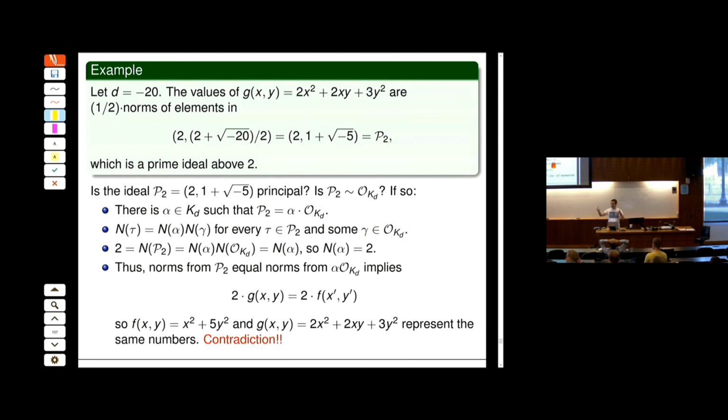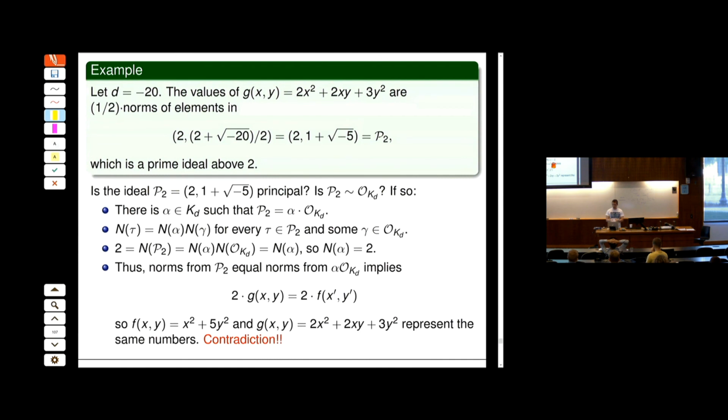If you've tried to do it manually without knowing about quadratic forms, it's quite complicated to figure out if this ideal is principal. But knowing that these two forms represent different primes is saving us a lot of the more difficult part of figuring out if an ideal is principal or not.